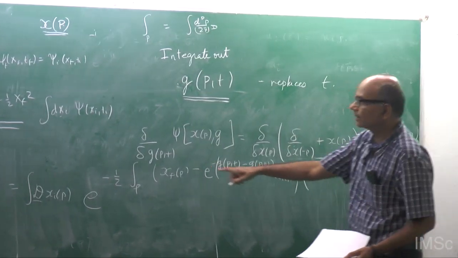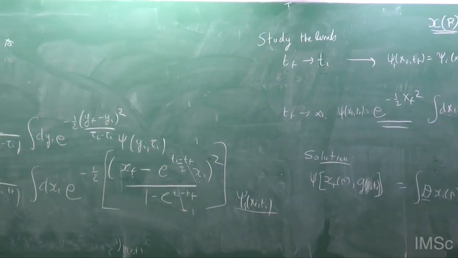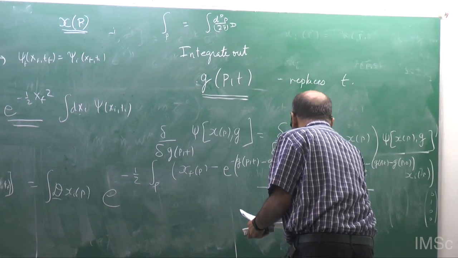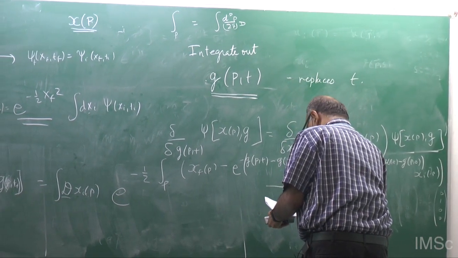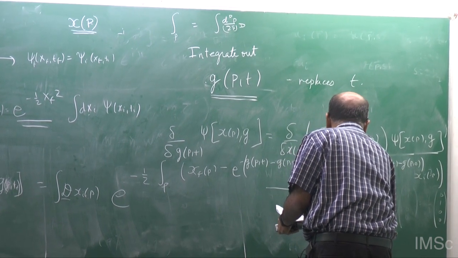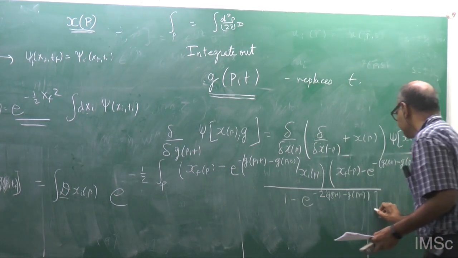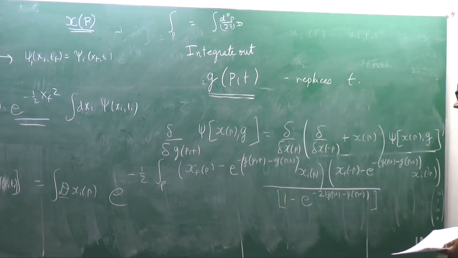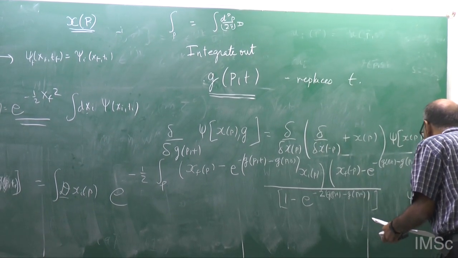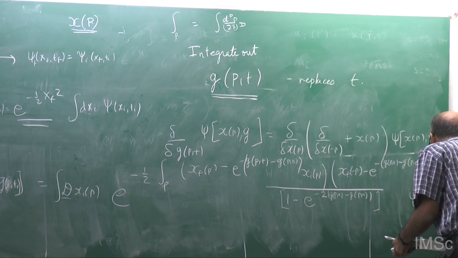So this factor is just this part squared divided by, this is all in the exponent, 1 minus, times psi of, so you can call this the initial time.